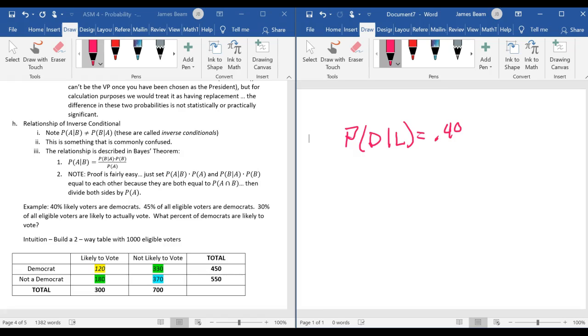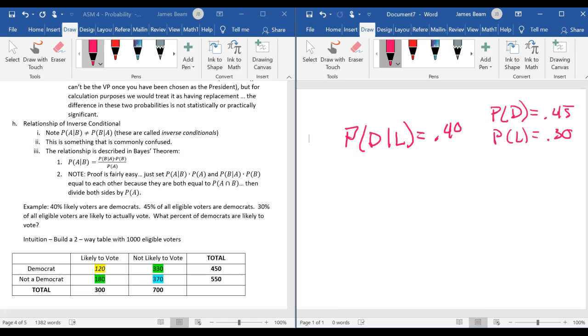So I pick a likely voter at random, the probability that it's a Democrat is 40%. The probability of just picking an eligible voter at random who is a Democrat is 45%. The probability of picking a likely voter from the set of all voters is 30%. So this is a horrible voter turnout, right?